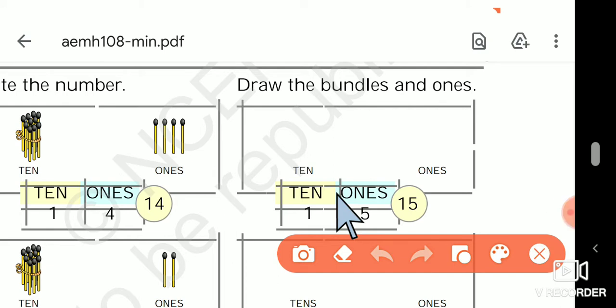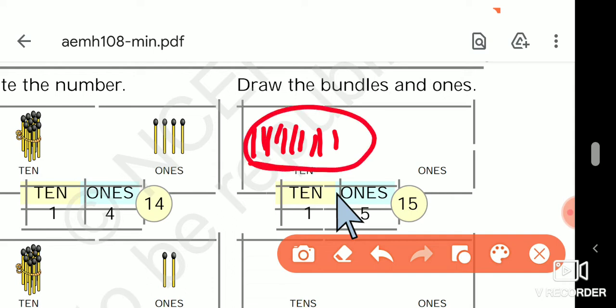First 1 bundle. Draw the 1 bundle. And draw the ones, 5 loose matchsticks. 15.